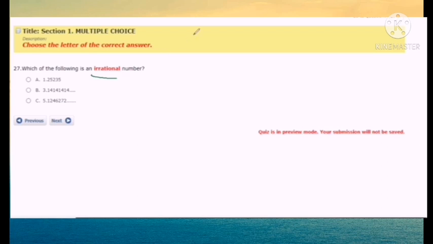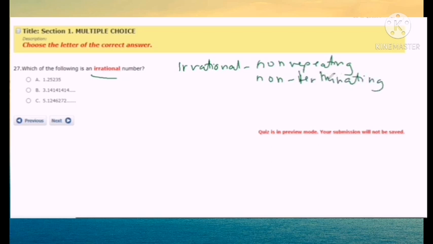Whenever you are given a decimal, you would know that the given is irrational if it is non-repeating, at the same time non-terminating. Okay, it does not stop and it has no pattern.